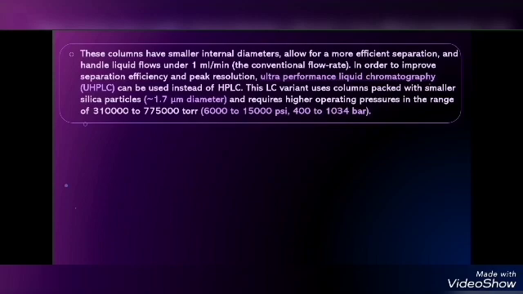This LC variant uses columns packed with smaller silica particles, 1.7 micrometer diameter, and requires higher operating pressures in the range of 310,000 to 775,000 torr, 6,000 to 15,000 psi, 400 to 1034 bar.